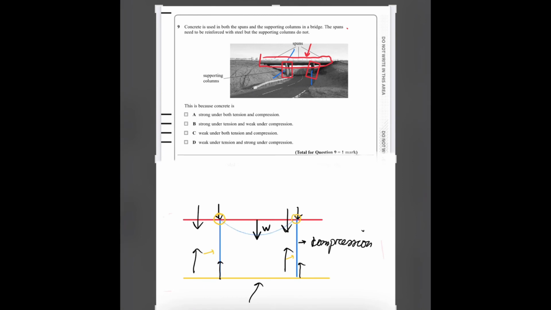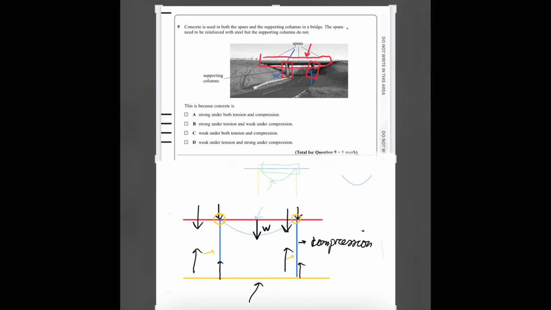For example, instead of the span, if we had a wire here, the wire would bend, right? The wire would bend. So the span here, we have a span here, and we have two supporting columns like this. So if the span tries to go from this shape to this shape, this is a type of tension force, since it is being elongated.